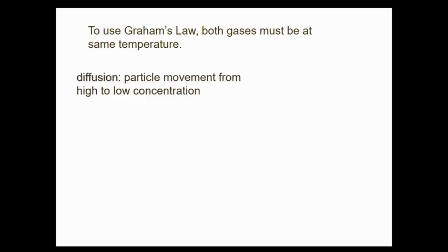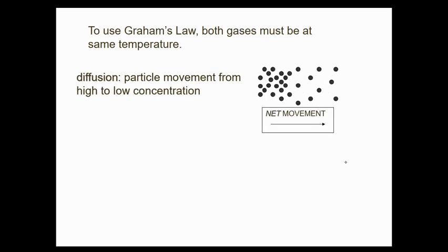So first of all, diffusion is when particles are moving from high to low concentrations. So you guys probably dealt with this with osmosis. Another way to think about this is if you can imagine if somebody's in a room and they spray some perfume, eventually that perfume will diffuse and you'll be able to smell it throughout the room at some point.